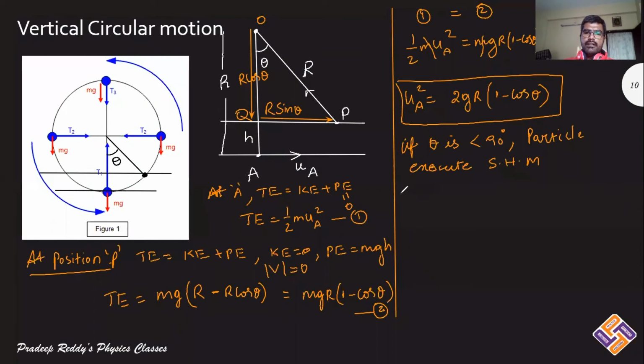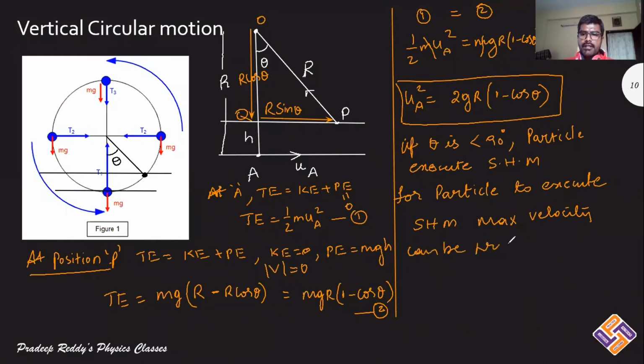So for the particle to execute simple harmonic motion, the maximum velocity which you can provide, I'm sorry, not minimum, maximum, is UA equal to under root 2g capital R into 1 minus cos of 90.